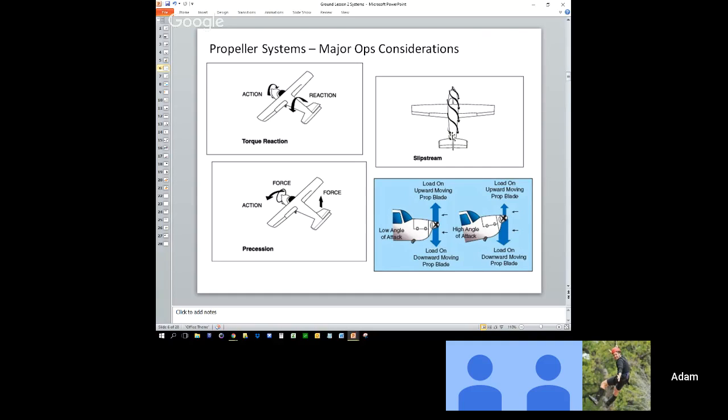Slipstream is the aerodynamic phenomenon of the air rotating around the fuselage, hitting the underside of the left wing, the top side of the right wing, the underside of the left elevator, the top side of the right elevator, wanting to spin the airplane a little bit to the right.